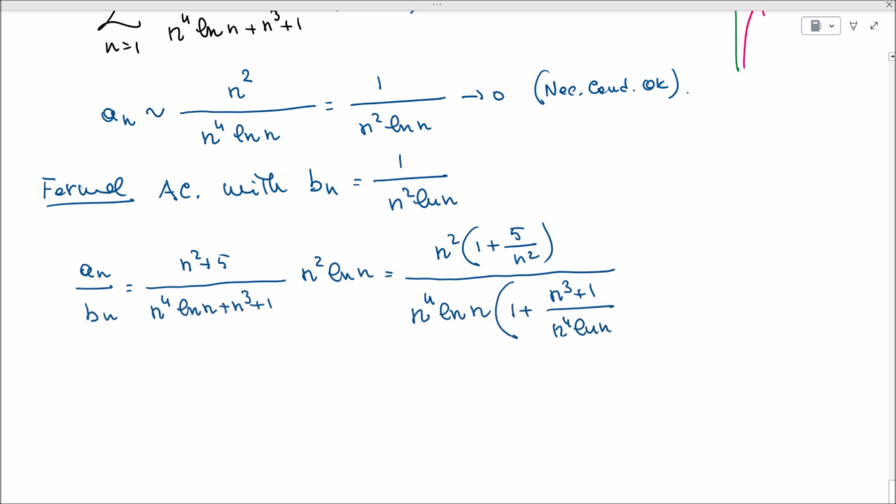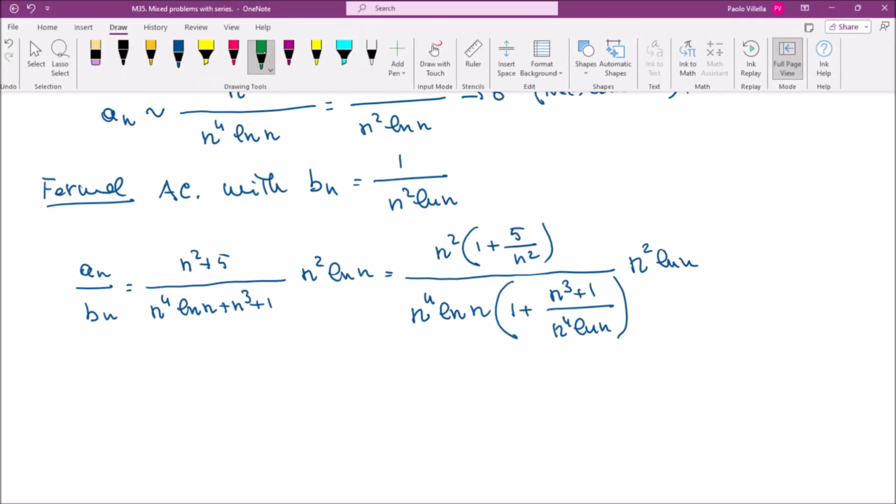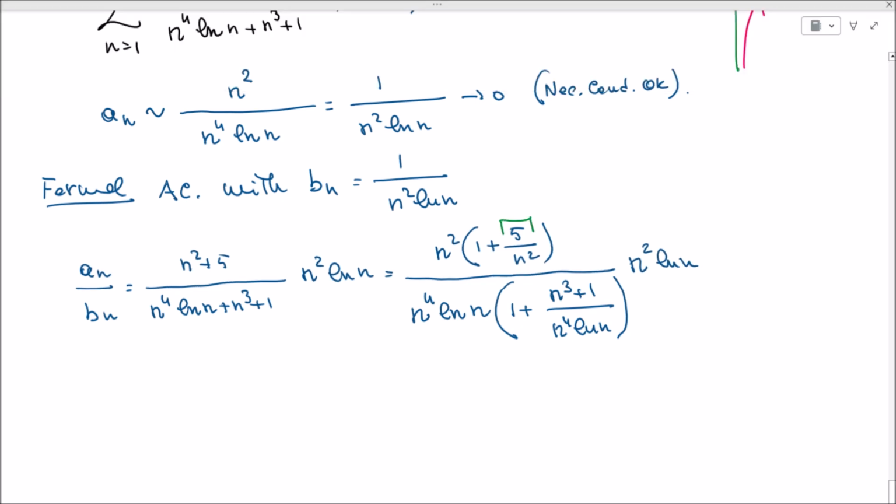Of course, all this is multiplied by n squared logarithm of n. Now, as n goes to infinity, this will go to 0, but also this will go to 0. Why? Because we have n to the fourth at the denominator, which is more powerful than n to the cube. So clearly this will go to 0.